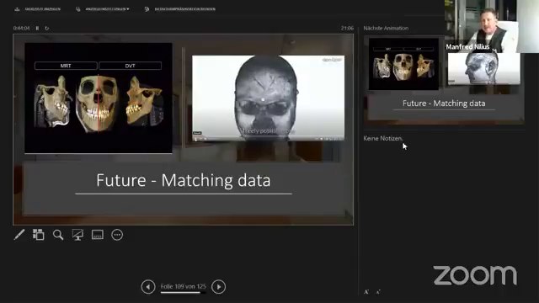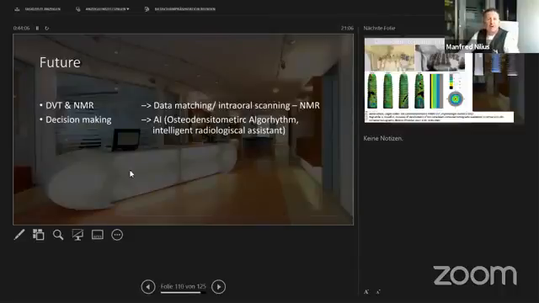I will stop this and go far away. We have decision-making by osteodensitometric algorithms or intelligent radiological assistants. So now the lab technician asks me, what is the right implant? In future times, that will be automatically figured out by the system. They say, look, this is the correct implant for this bone.